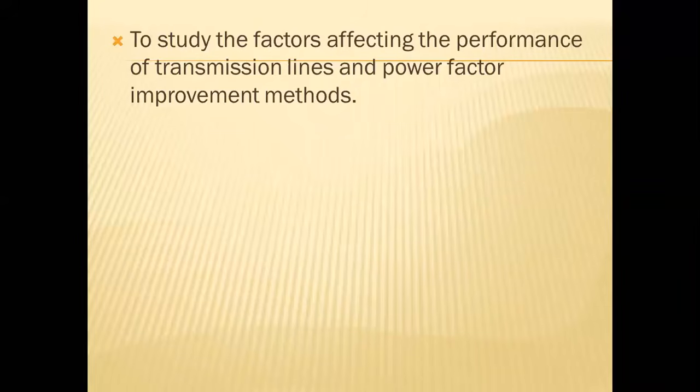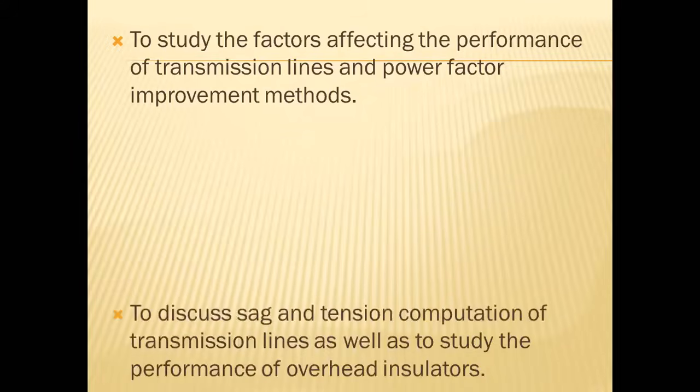The distance between the conductors and the material used for conductor will be considered to evaluate the performance of the lines. The power factor plays a very important role in the operation of power system. So we'll be focusing on the power factor aspects of the system also.